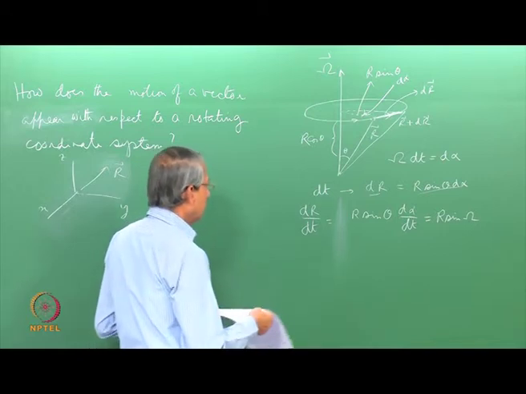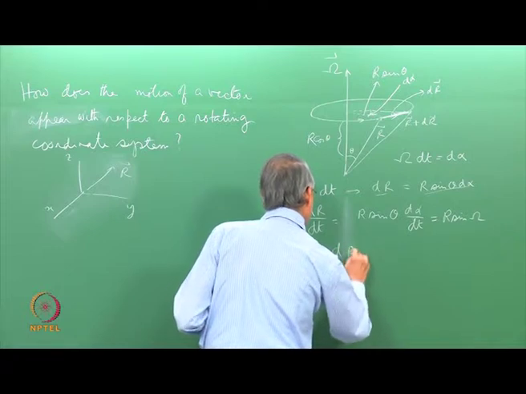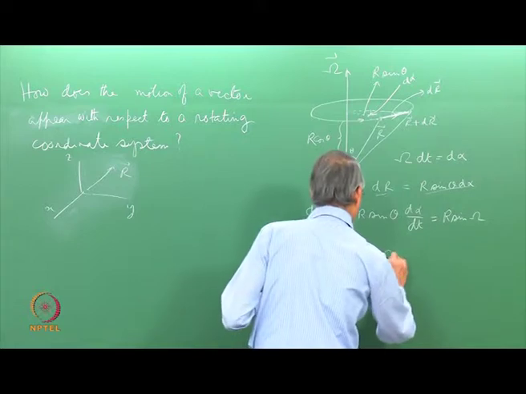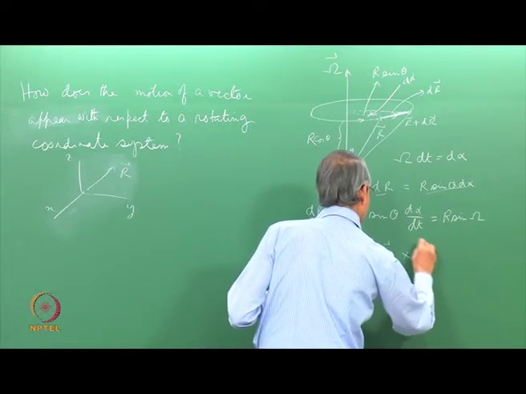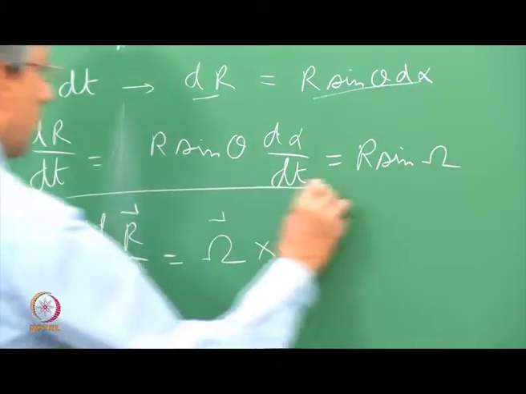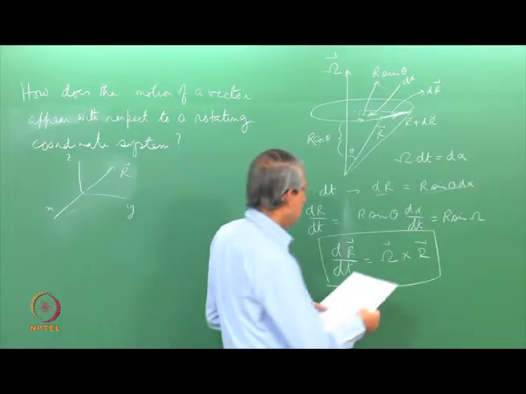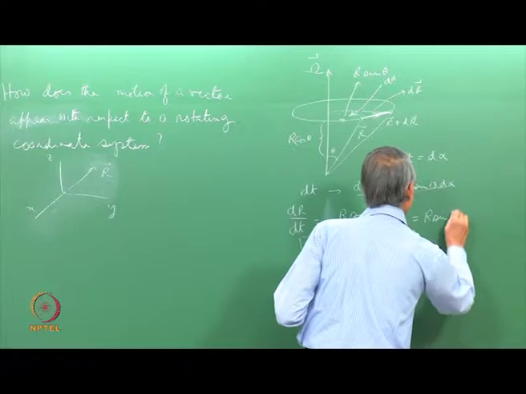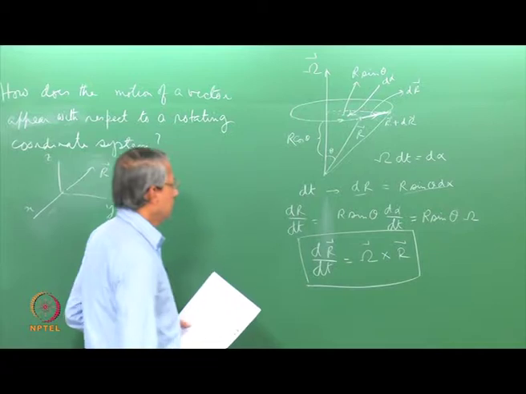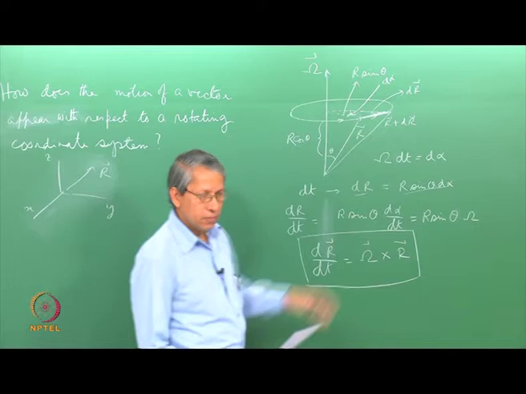If I write that properly using vector algebra, dr by dt is equal to this. So, this gives the correct magnitude r sin theta omega as well as the sense of this direction.